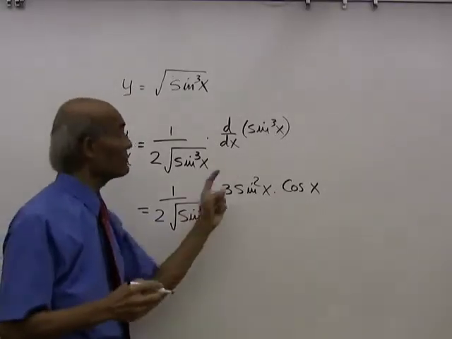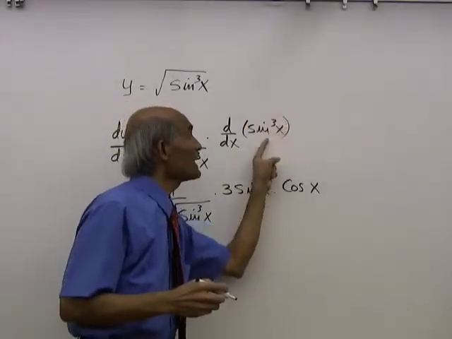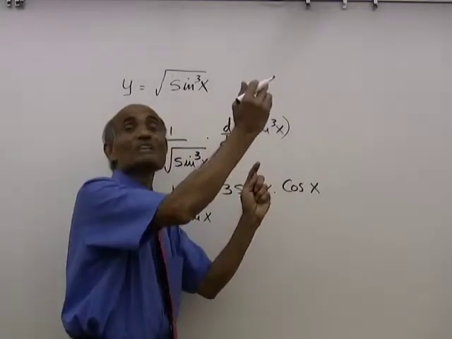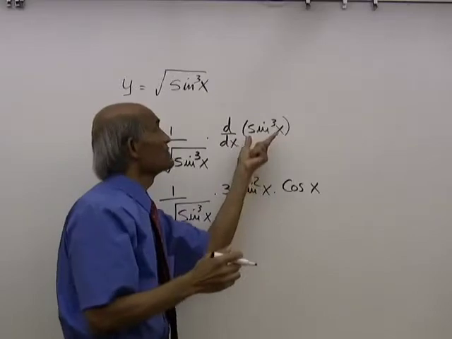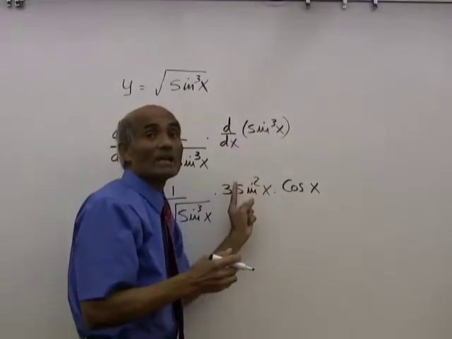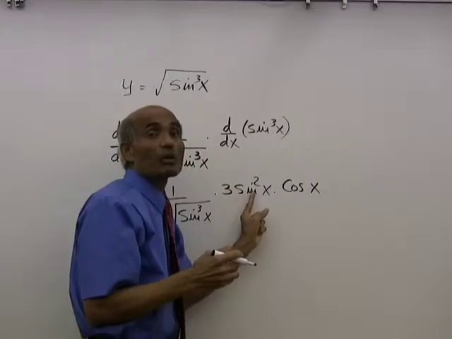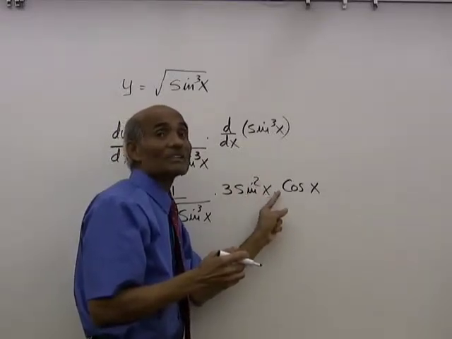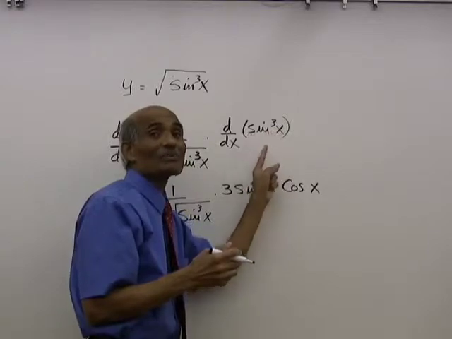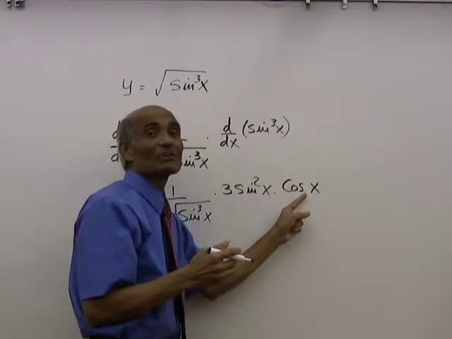Now, one more time, the derivative of sine cube x. Here you have a quantity raised to the power of 3. So the derivative of a quantity raised to the power of 3 is 3 quantity squared times the derivative of that quantity. The derivative of sine x is cos x.